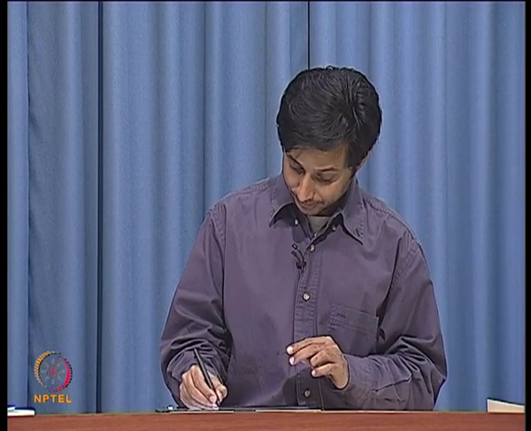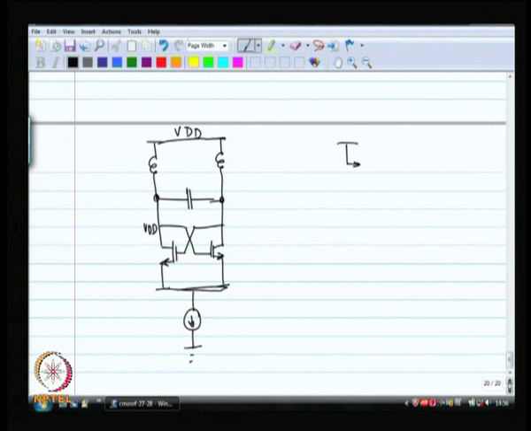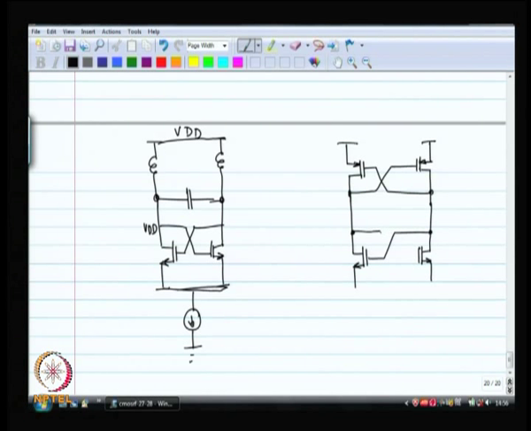For example, you could contemplate doing this. So, instead of using just a cross coupled pair of NMOS devices, I am going to use two inverters which are cross coupled.